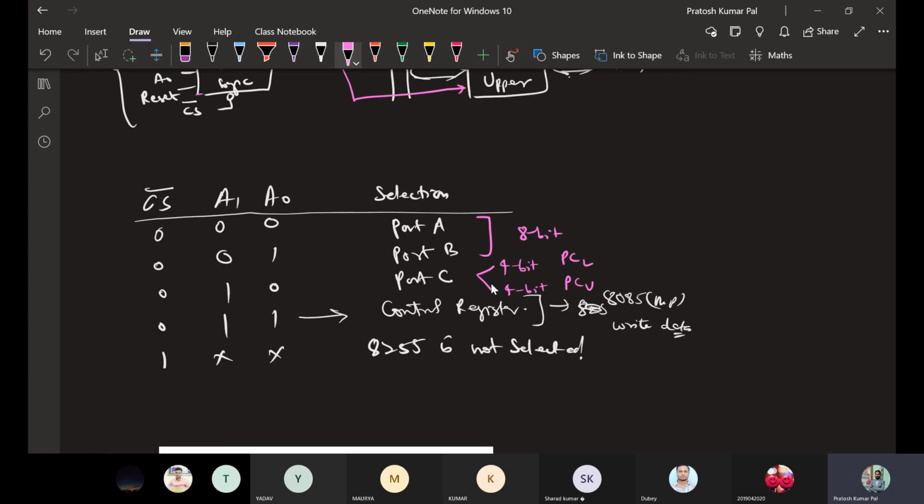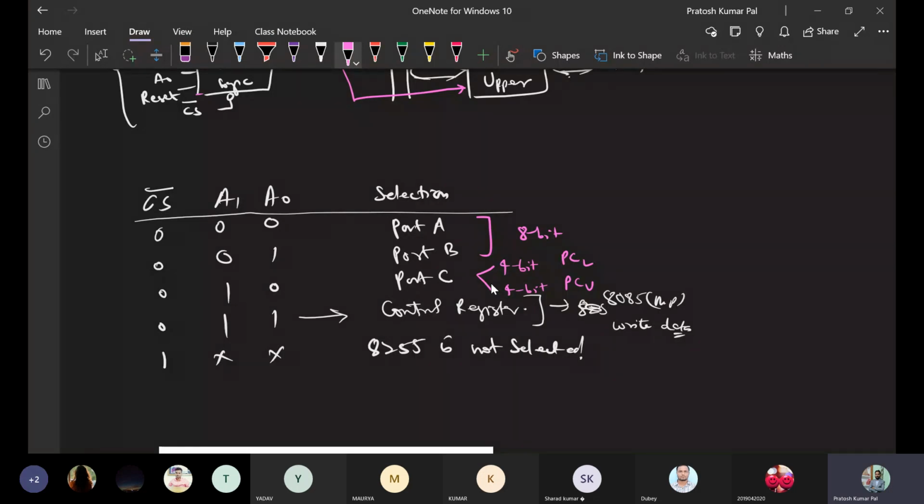So basically by using the help of instructions of the microprocessor, this 8255 is going to connect different peripherals through their ports to the microprocessor.